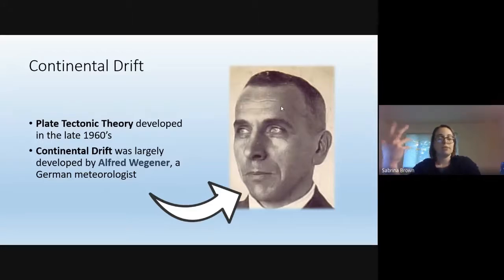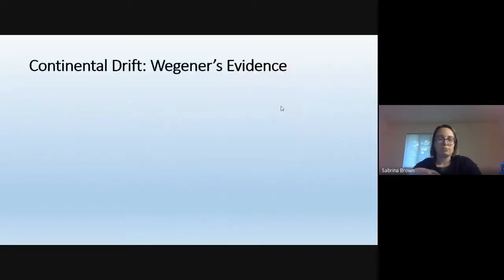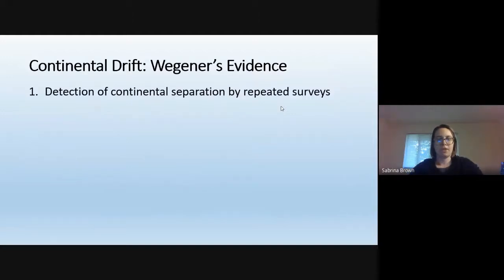But the basis of the plate tectonic theory, which is something called continental drift, was largely developed by a meteorologist called Alfred Wegener in the early 1900s. And so he noticed a lot of things about the world and the landscape that made him think that the continents were moving around. He measured continents moving away from each other with survey methods of the time.